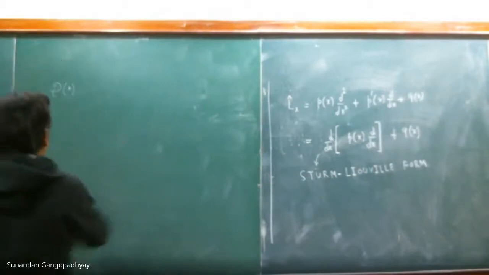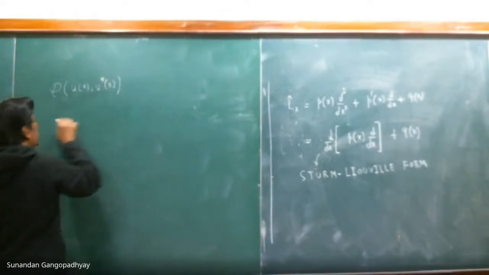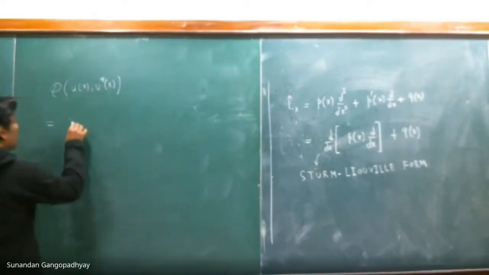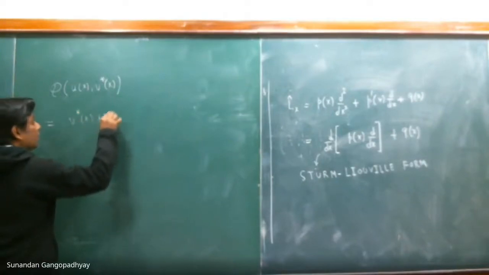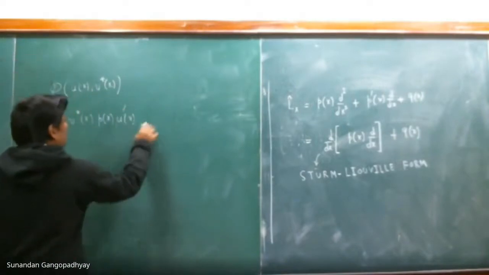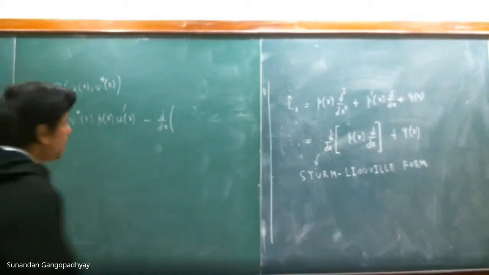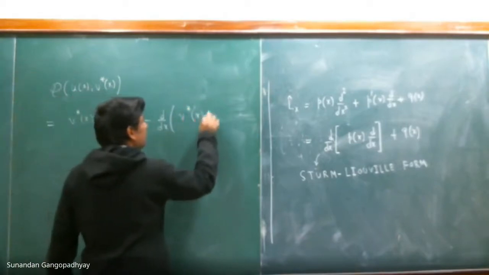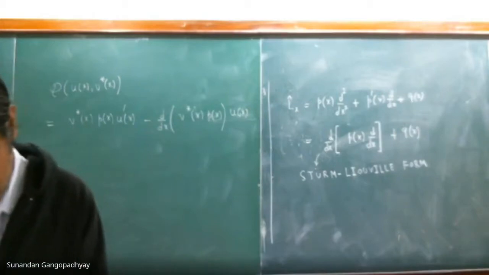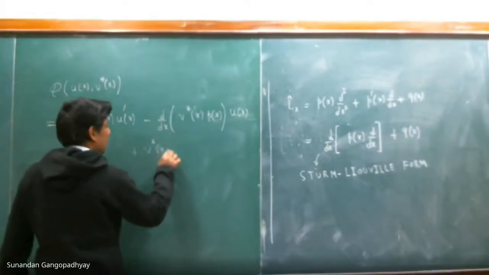If you do this calculation once again, or if you just look at your notebooks, then you will find that the form of this function Q is V star x, P of x, U prime of x, minus d/dx of V star x P of x, times U of x, and then plus V star x R of x U of x.